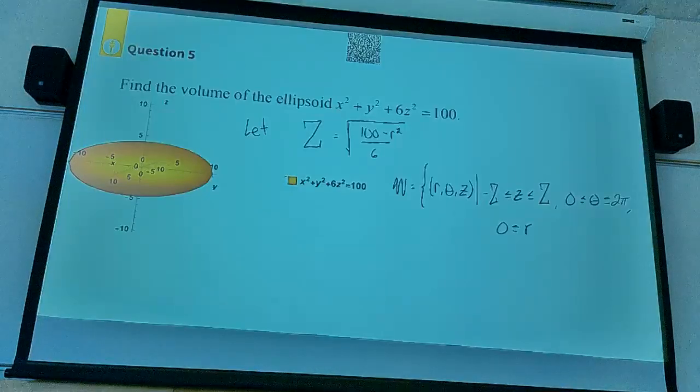And what's the radius of the circle? 10. What was 10? That's easy enough to see. Just let Z be 0 in that equation. X squared plus y squared is 100.